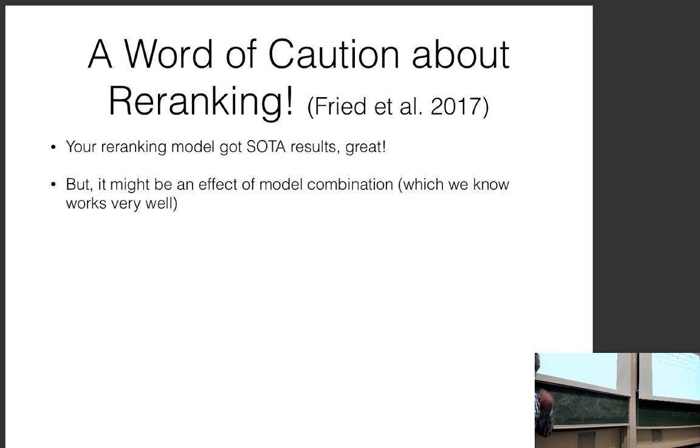It might actually be an effect of the fact that you're essentially combining together two models. You have your re-ranking model and your easy to decode model, and they both have different structures, and they were trained with different parameters, et cetera.